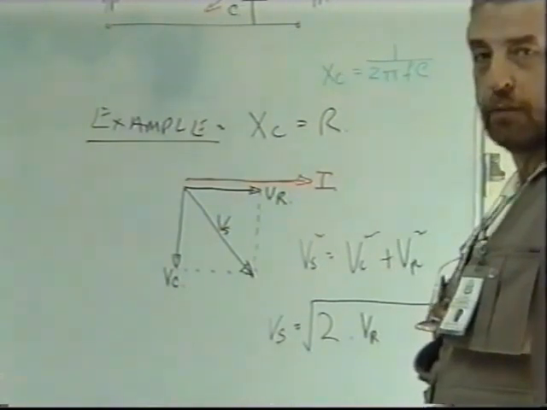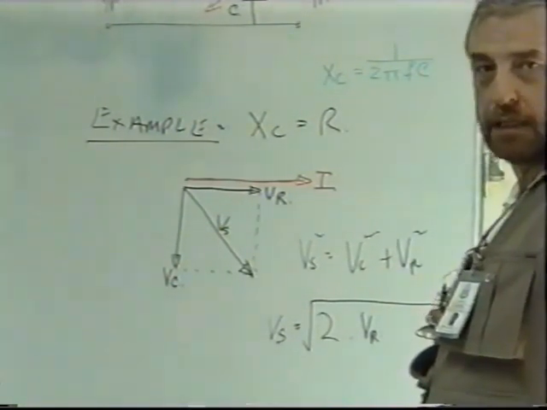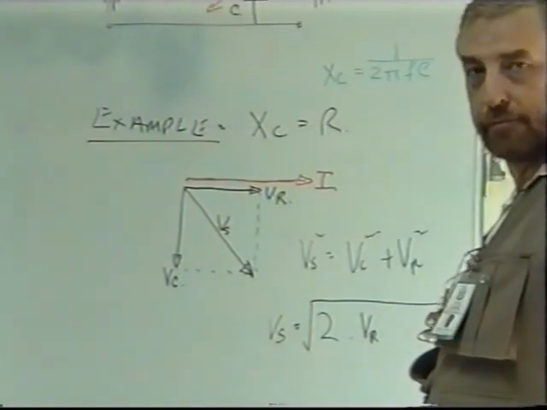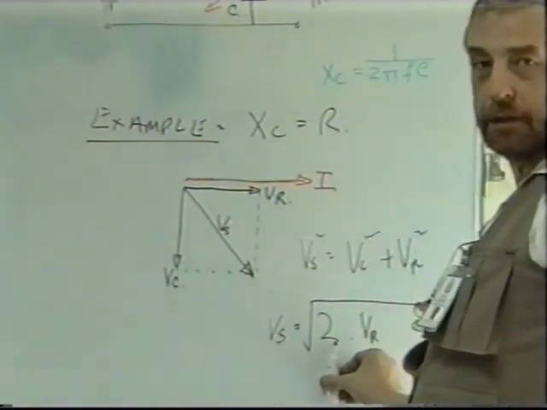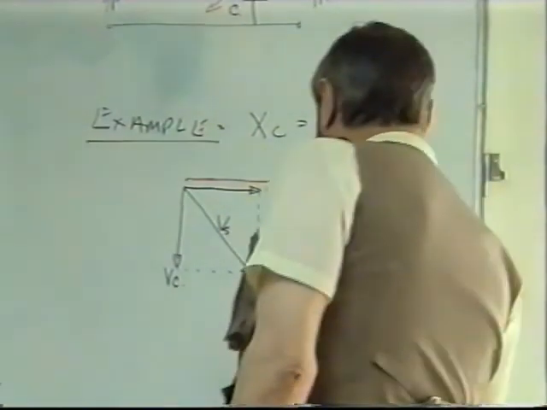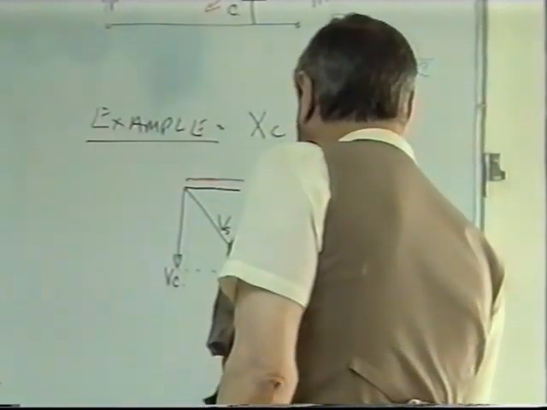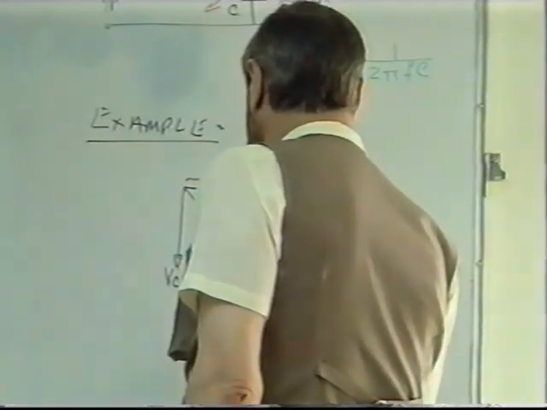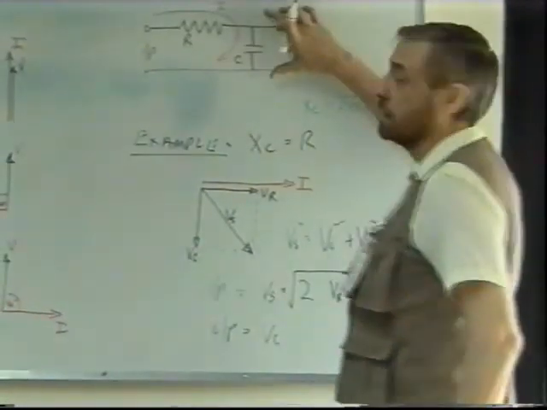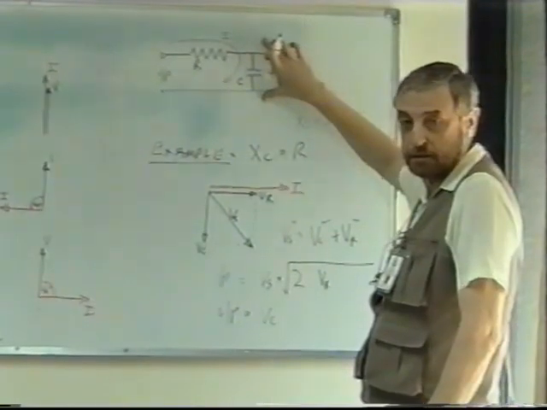If you wanted to know what the power of the output is compared to the power of the input, this is the input, the output is VC. In other words, I'm taking the voltage from across the capacitor.